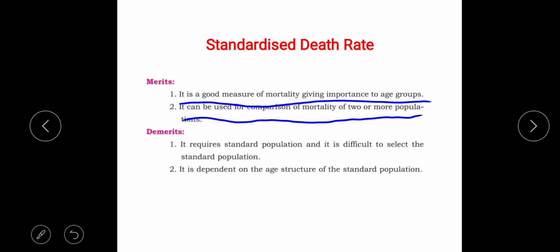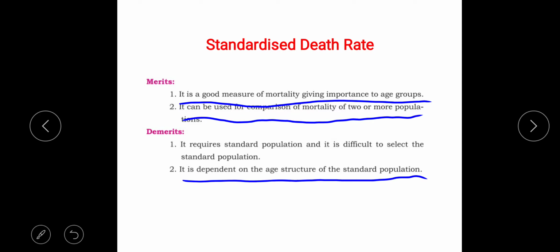And second demerit is it is dependent on age structure of the standard population. So here age structure, if suppose World Health Organization has given any country's population as a standard population, and if they have given it already in a particular age group pattern, suppose 0 to 20, 20 to 40, like that, then for calculation of STDR, we also have to frame our population in that age group itself, what they have given.